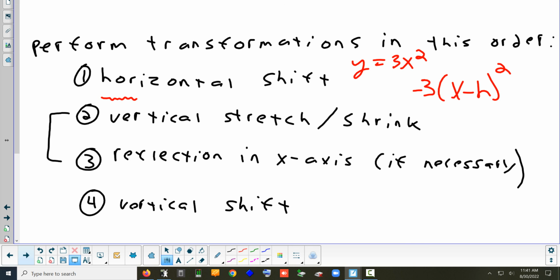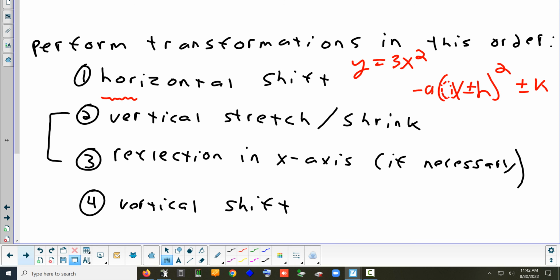And vertical shift is always the very last thing you would deal with. And these could be plus or minus. In general, we used the letter A to represent a vertical stretch. Horizontal stretch would be right here, if I multiplied x by a number, but we're not going to do that.